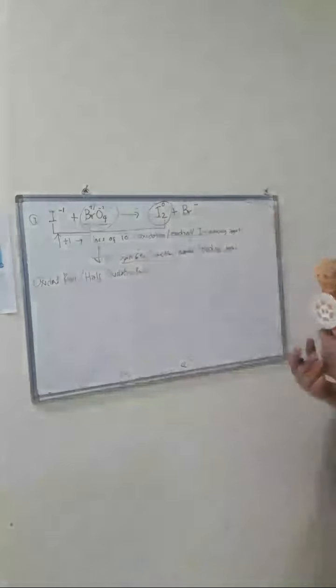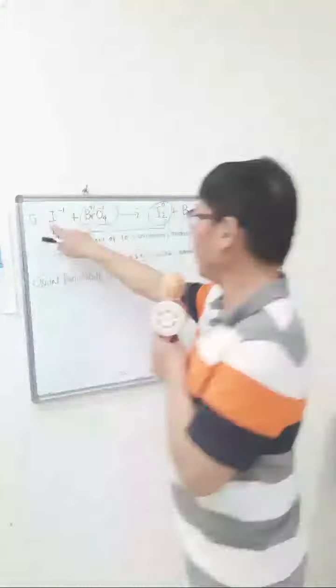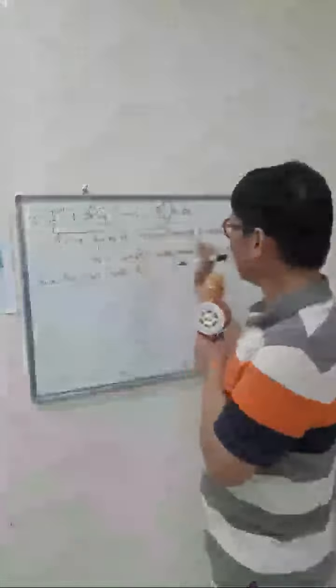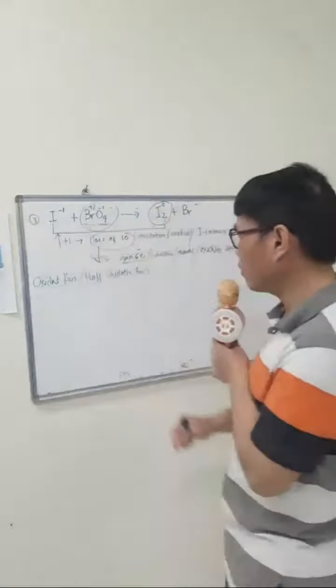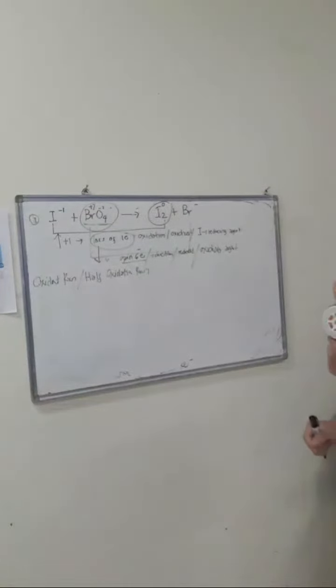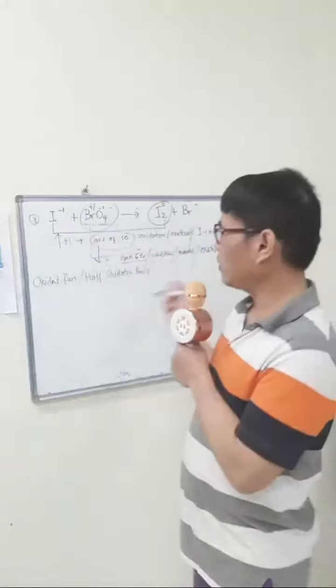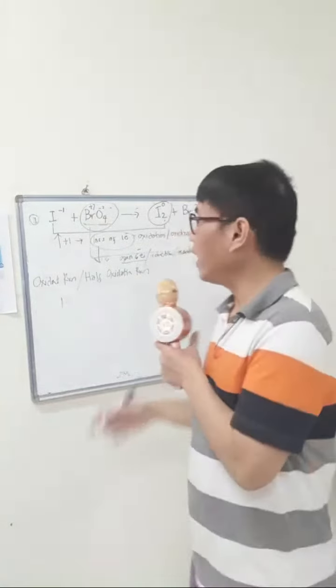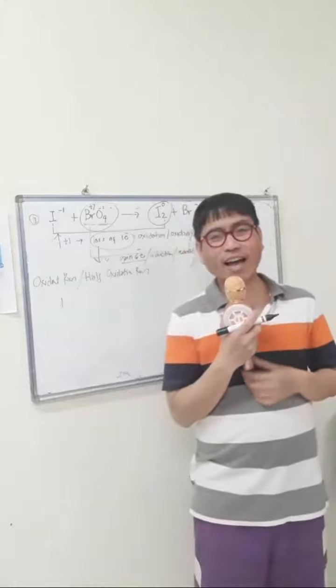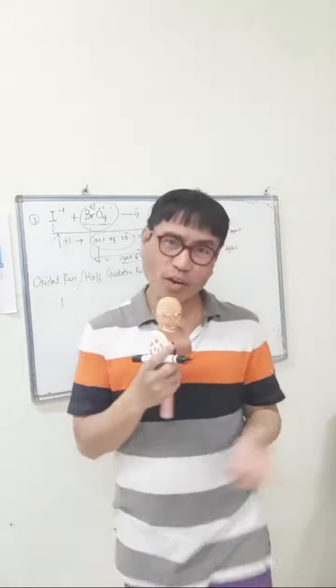It's just the same. So start with I negative going to I 0. Now this is a loss of 1 electron. As I told you over and over again, guys, for the purpose of discussion, we cannot afford to go directly.